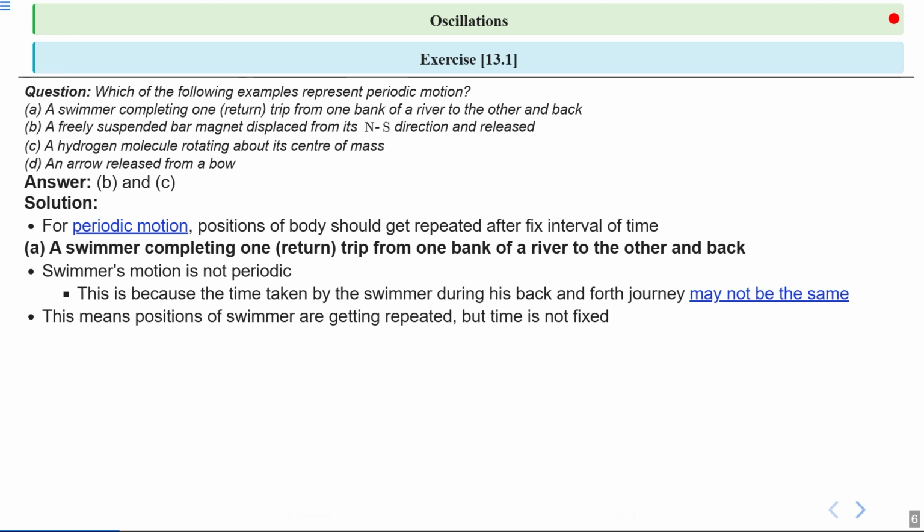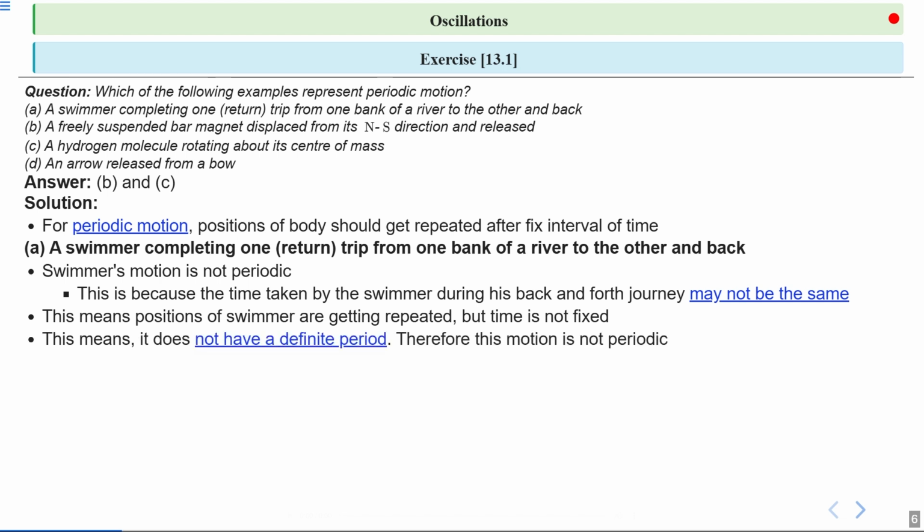This means the motion does not have a fixed period, which is essential for periodic motion. This means it does not have a definite period. Therefore, this motion is not periodic. This helps us see why not all repeating motions are periodic. Timing is crucial.